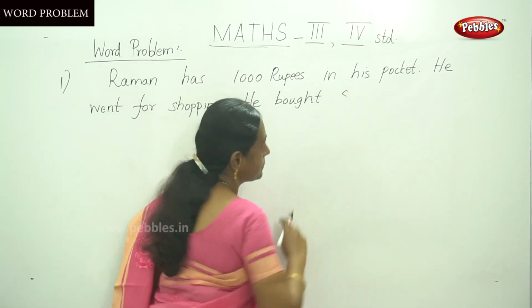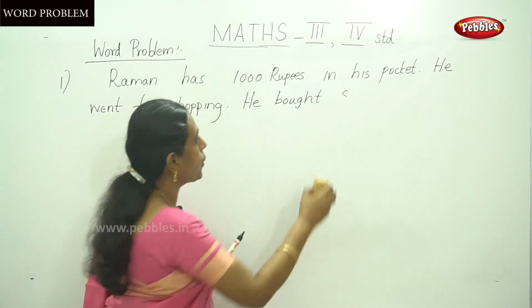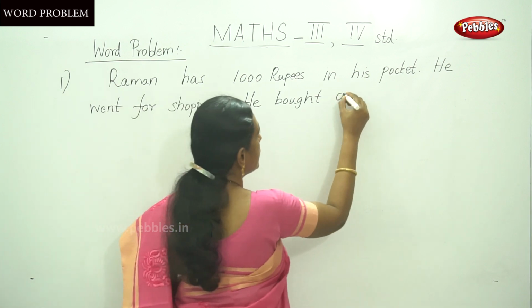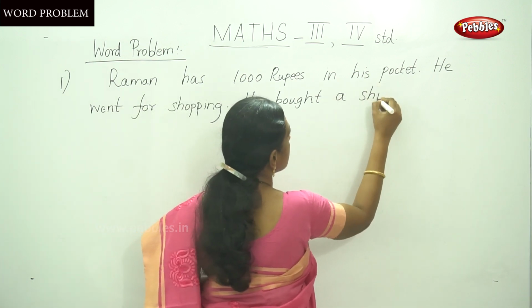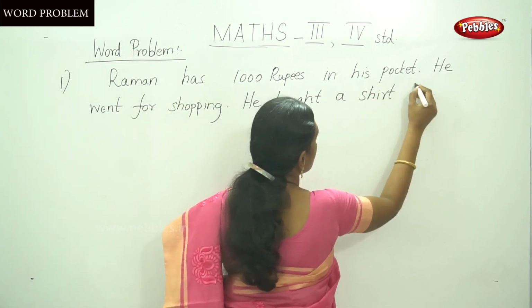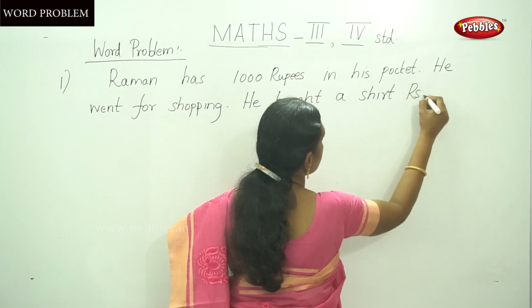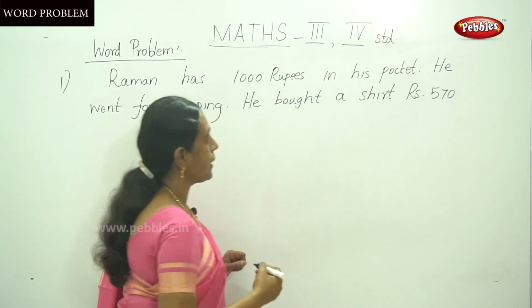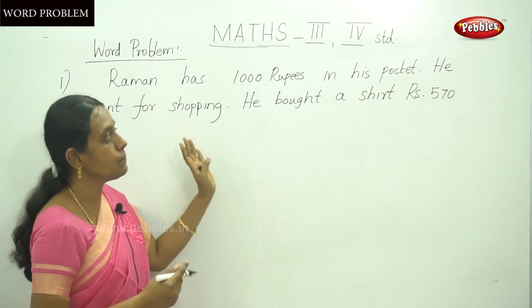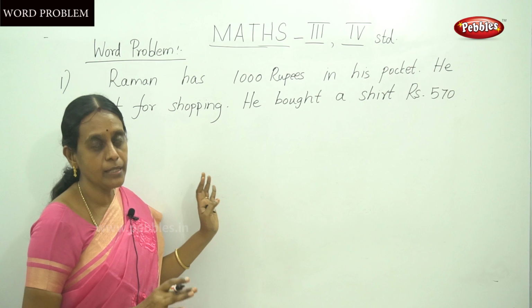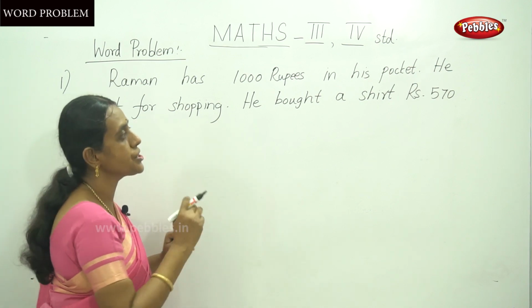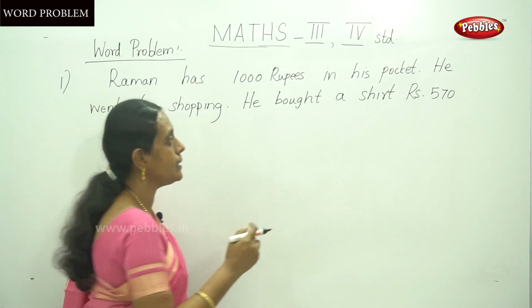He bought a shirt for rupees 570. He has 1000 rupees in his pocket as the total money he is having. He went for shopping. He bought a shirt for rupees 570.